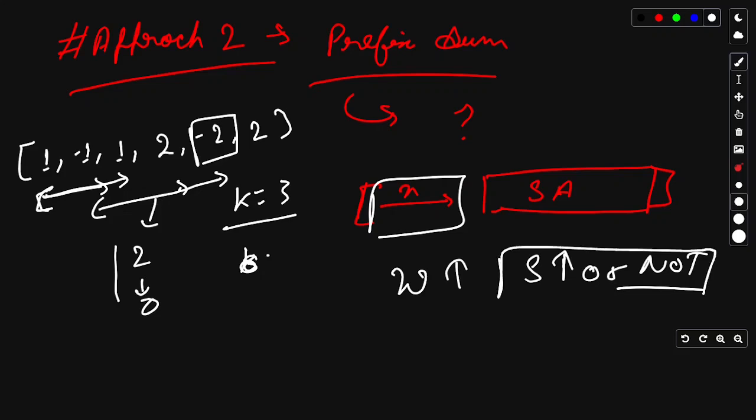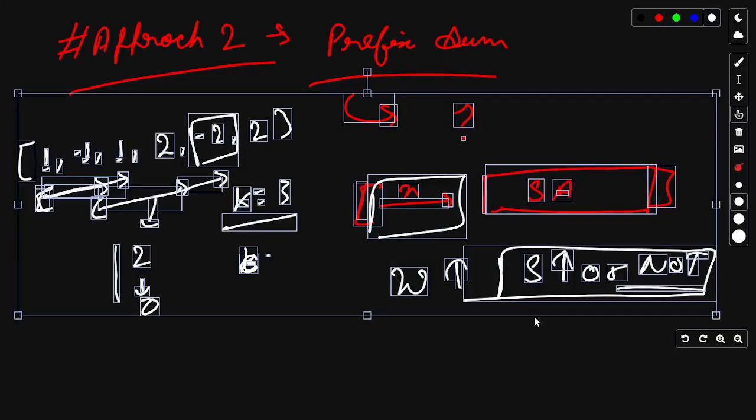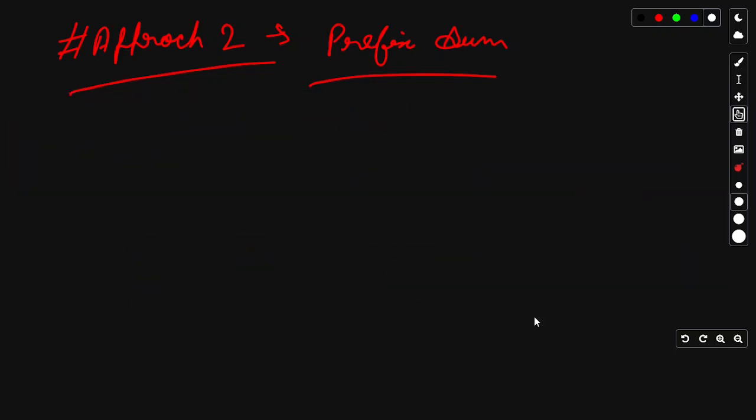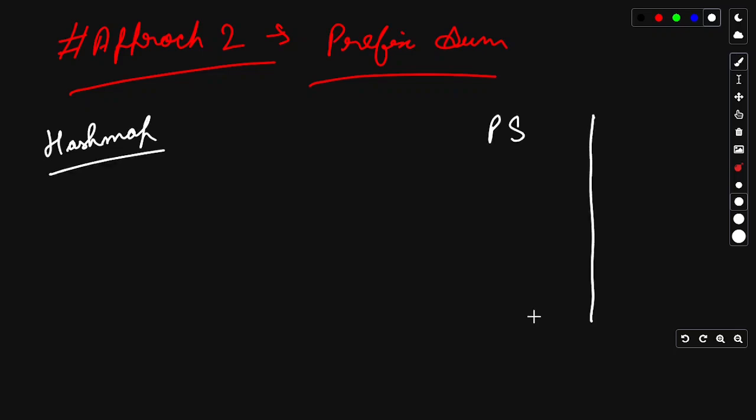So we don't have this confirmation, and that is why we will use a hash map within this problem. We will be storing the prefix sum and its count, like how many times this prefix sum is coming, right?